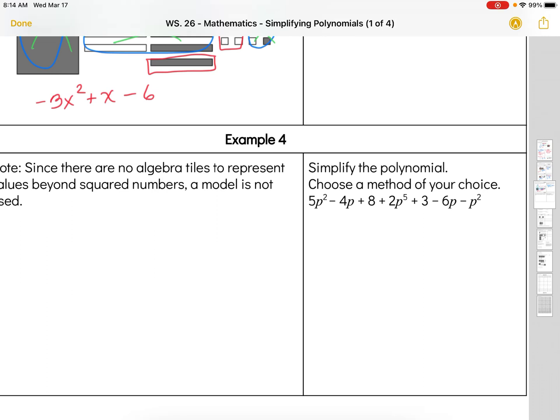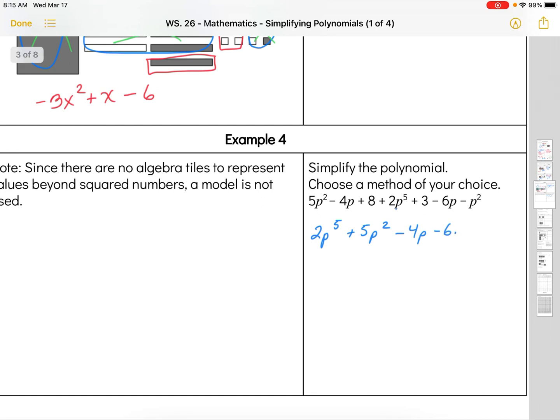So here, what I want to do is group things according to their exponents. I'm going to rearrange this into standard form. So the highest we have is 2p to the 5, right? And then I have plus 5p squared. Then I get negative 4p, negative 6.